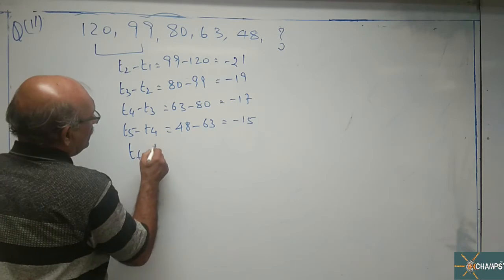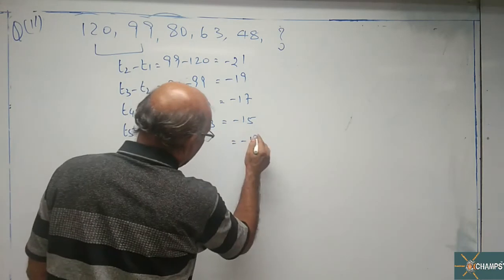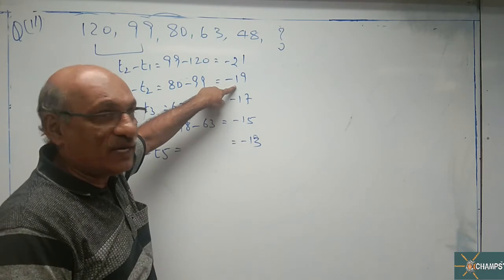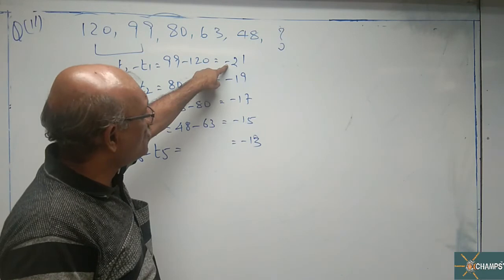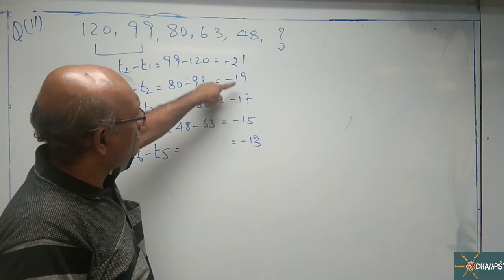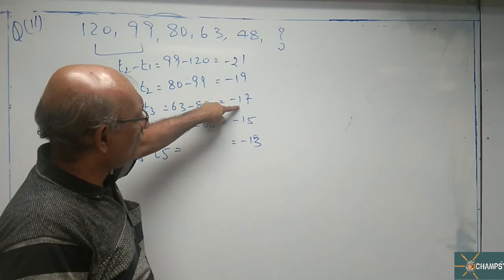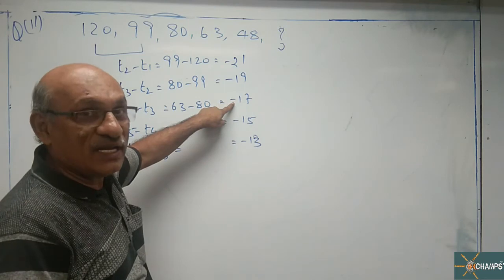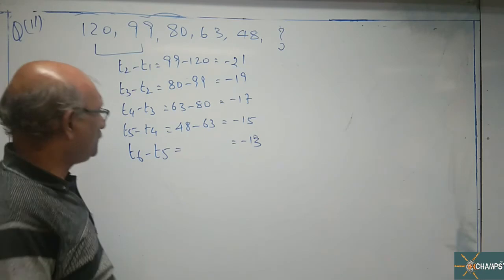So T6 minus T5, this should be minus 13, sir. Minus 21, minus 19: the difference is decreased by 2, which means we add 2. Minus 19 is greater than minus 21 by 2, minus 17 is greater than minus 19 by 2, minus 15 is greater than minus 17 by 2, minus 13 is greater than minus 15 by 2.